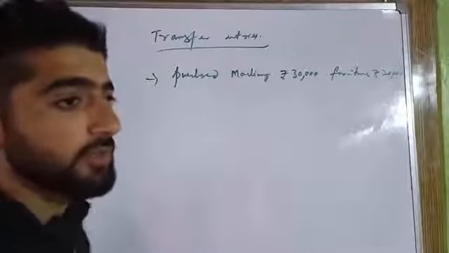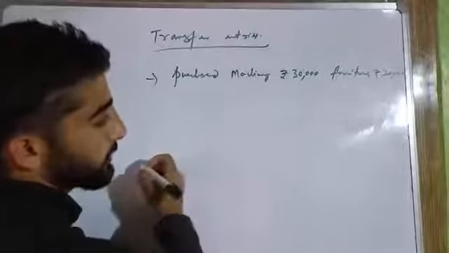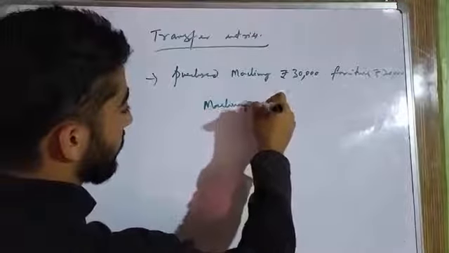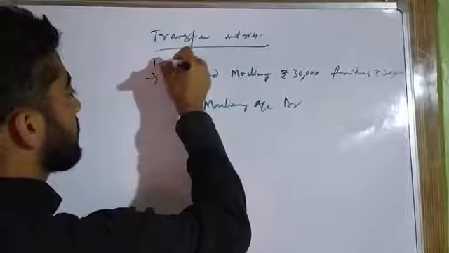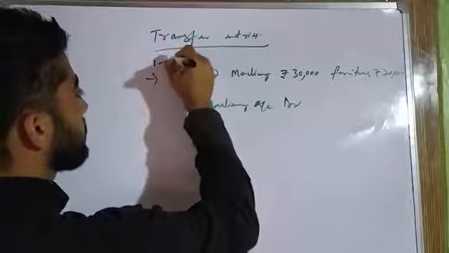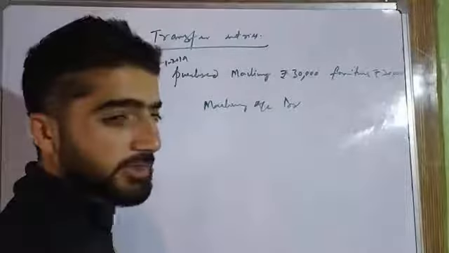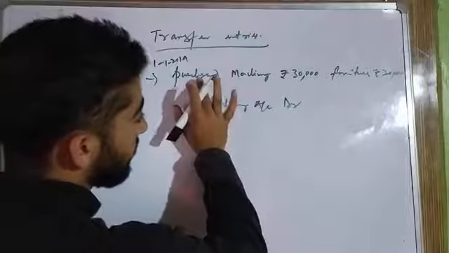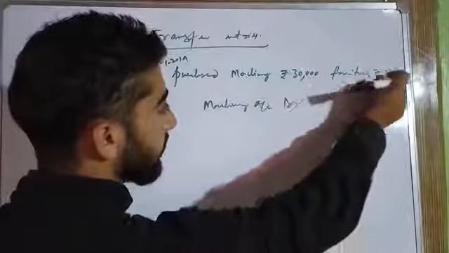If we do the entry for this transaction, the correct entry will be machinery account debit. For example, we did this transaction on 1st January 2019. On 1st January 2019, we purchased machinery for rupees 30,000 and furniture for rupees 20,000.